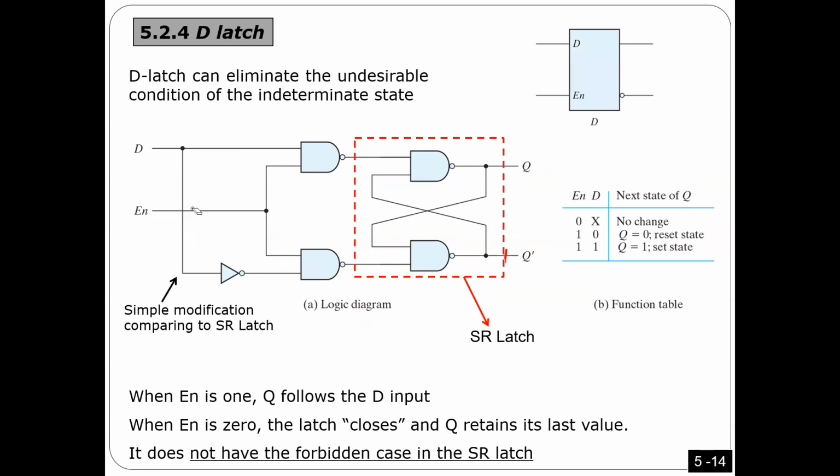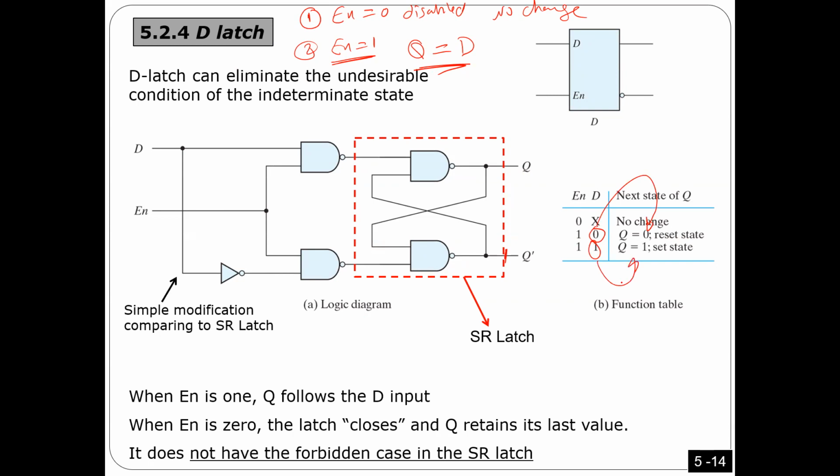The table is telling me, number 1, look here. If the enable is equal to 0, that means it is disabled. That means no change. Very simple. This is number 1. Number 2, if the enable is equal to 1, Q is equal to D. Very simple. That means if D is 0, Q is 0.